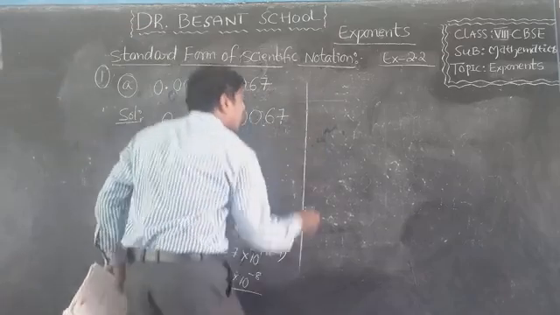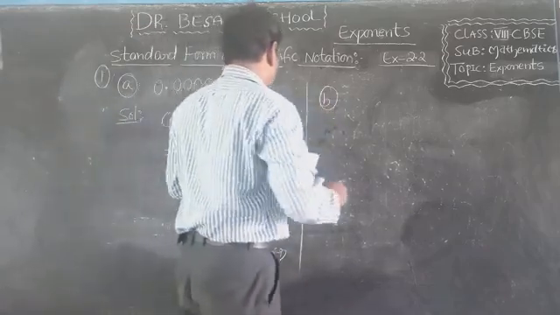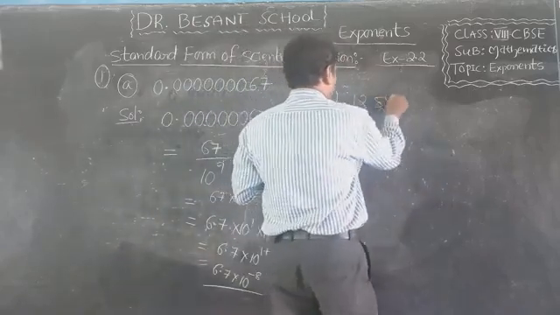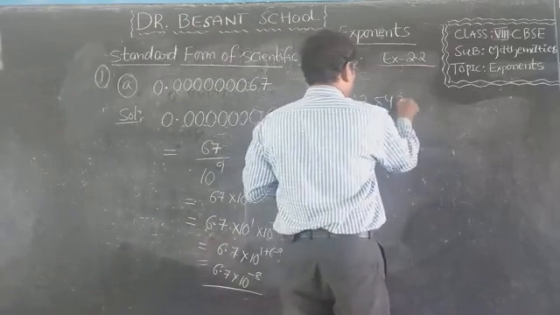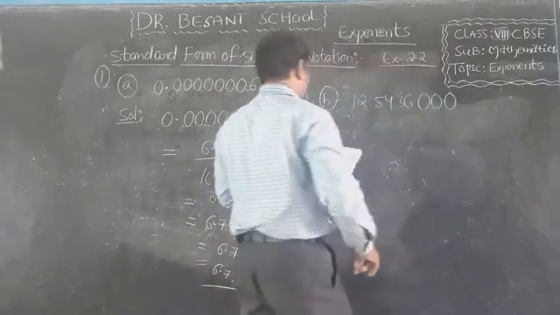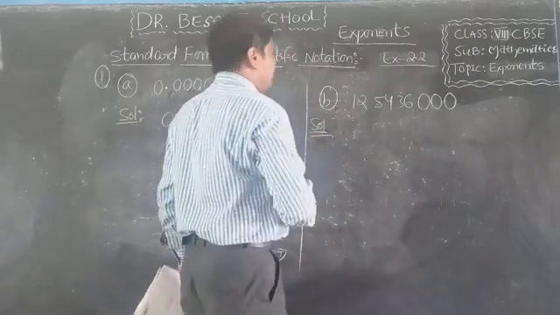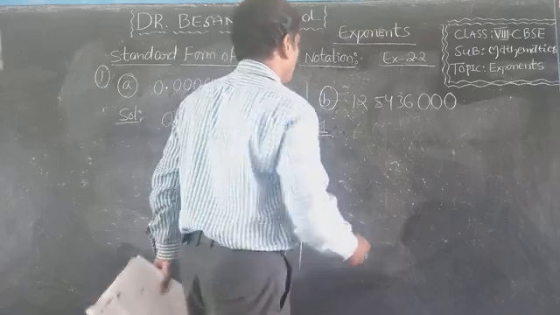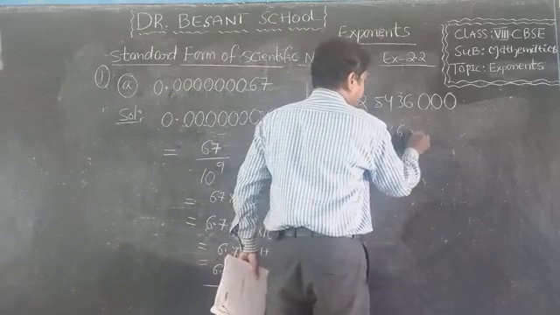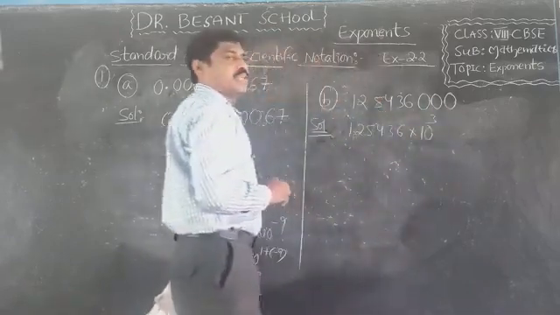Next, B. See, this one: 1, 2, 5, 4, 3, 6 into how many zeros? 3 zeros.